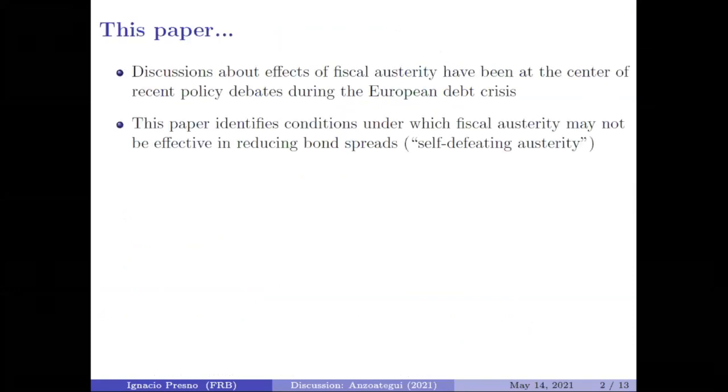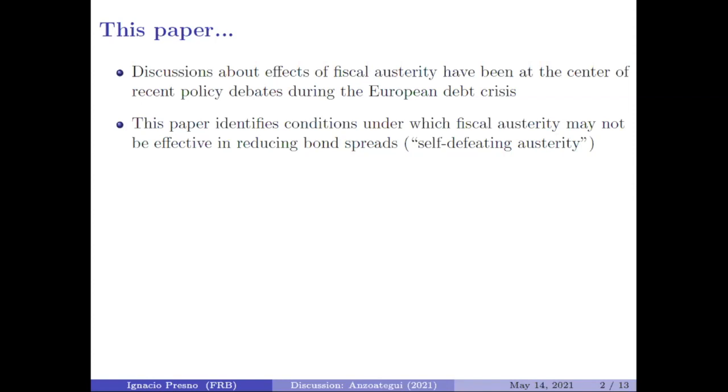There have been discussions about the effects of fiscal austerity on bond spreads and on the economy in general that have been at the center of recent policy debates during the euro debt crisis. Some policymakers and economists have claimed that fiscal austerity can be detrimental to the economy and lead to actually higher spreads.